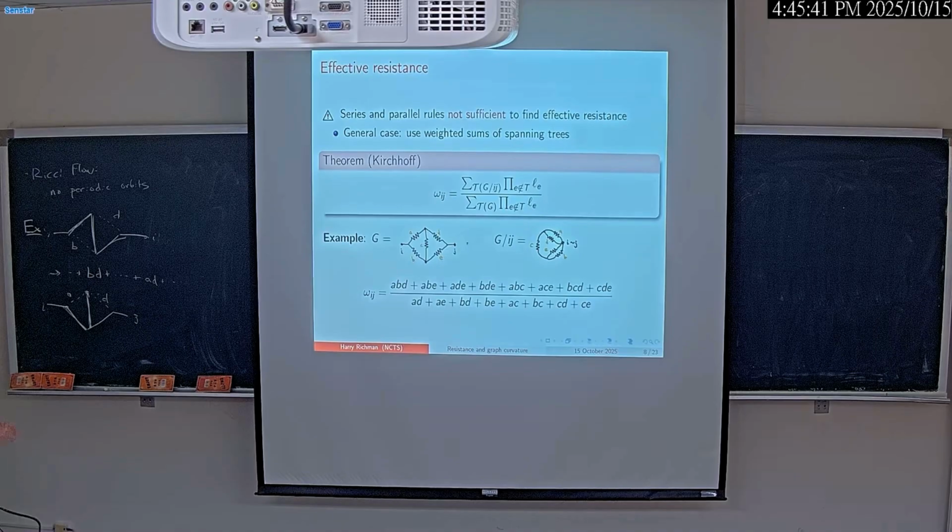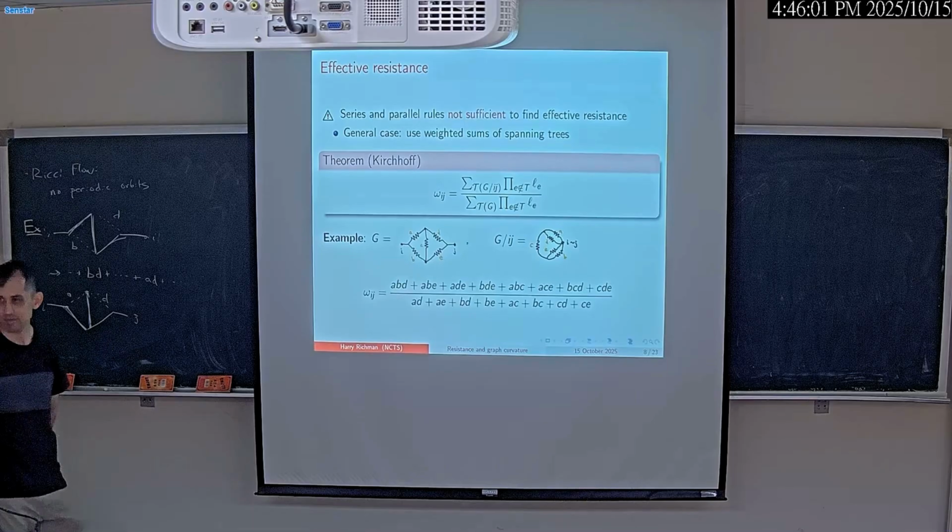Perhaps in a simple case, we could first think about all resistors having unit resistance. In that case, these products are just one. So when we have unit resistances, this formula just has the number of spanning trees on the bottom and the number of spanning trees of the quotient graph on the top.